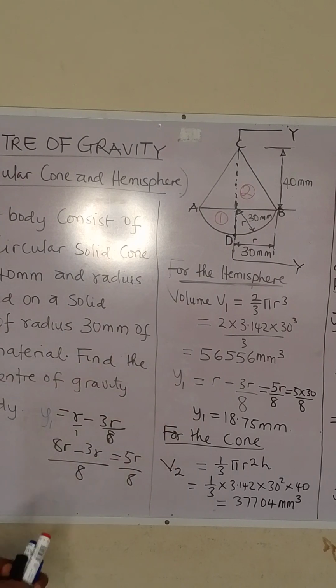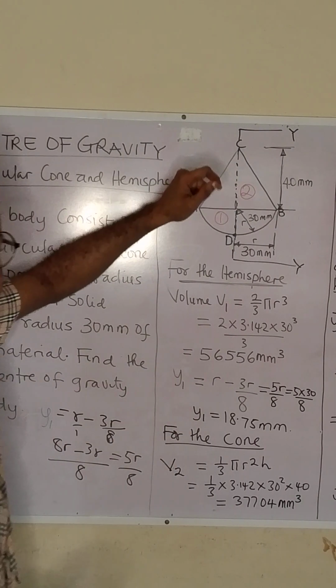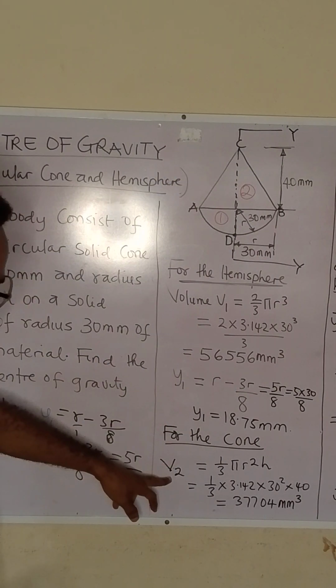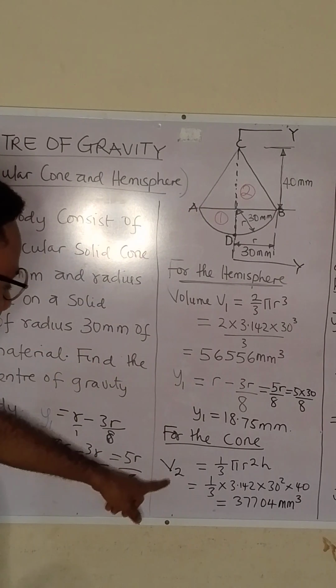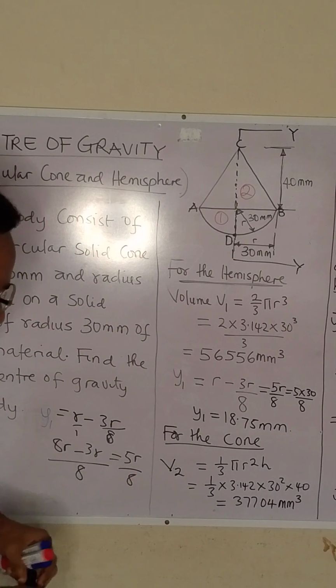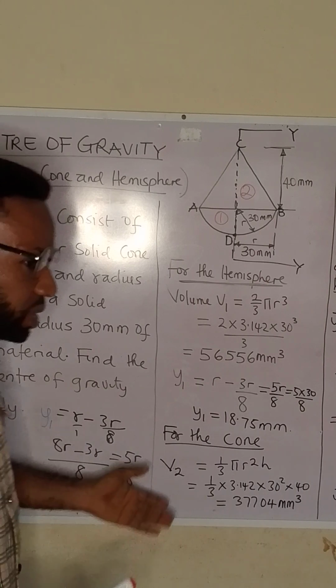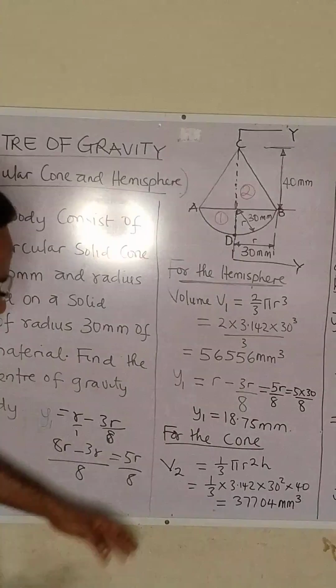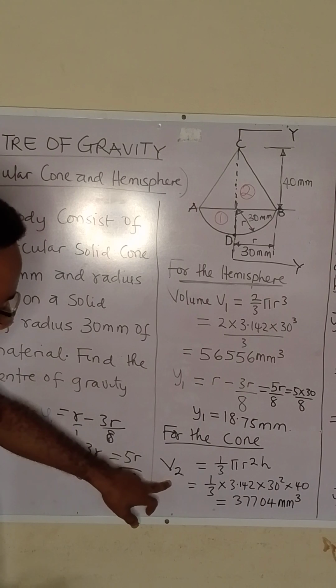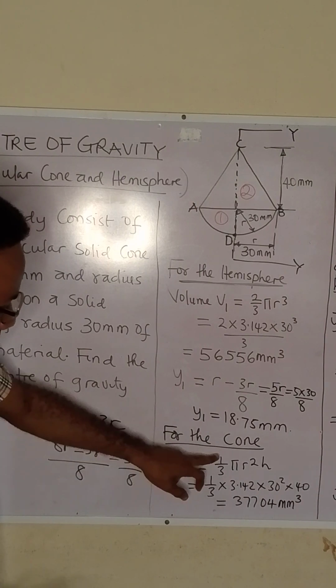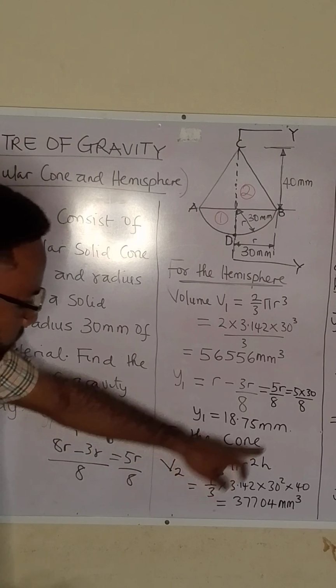So we now consider the cone, shape 2. For the cone, since it is 2, we indicate it using V2. Like I said, these are solid shapes, they are not plane shapes, so we use volume while calculating their centroid. The volume of a cone is 1 over 3 pi r square h.